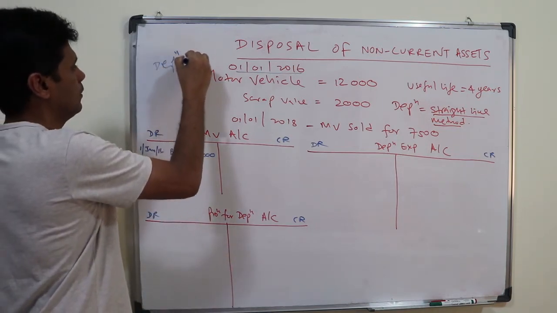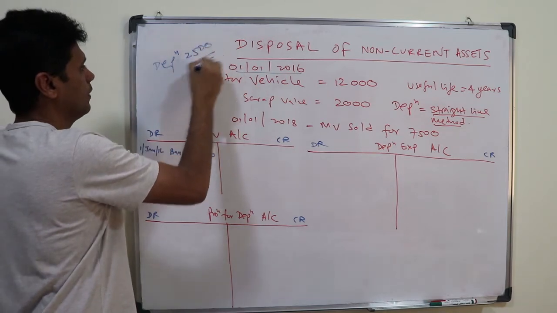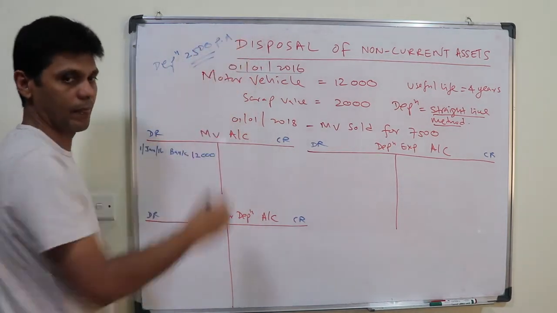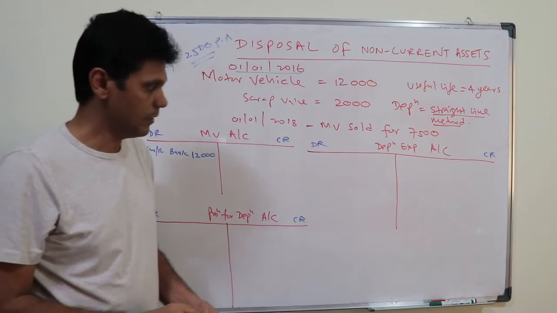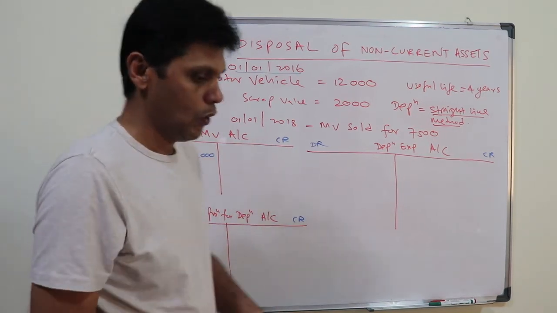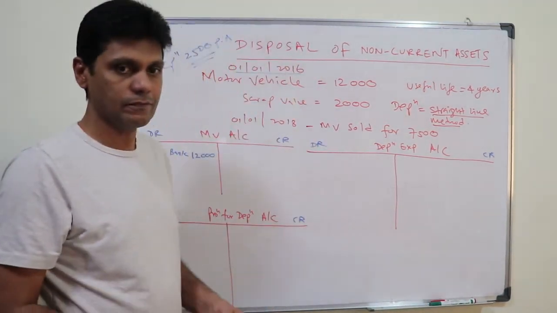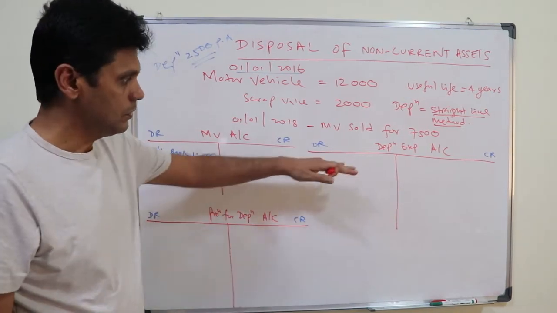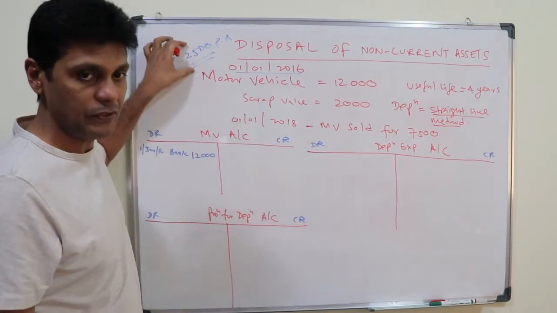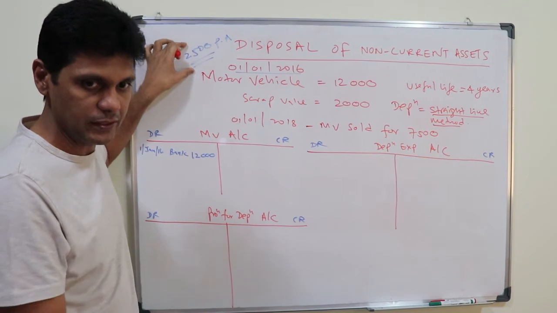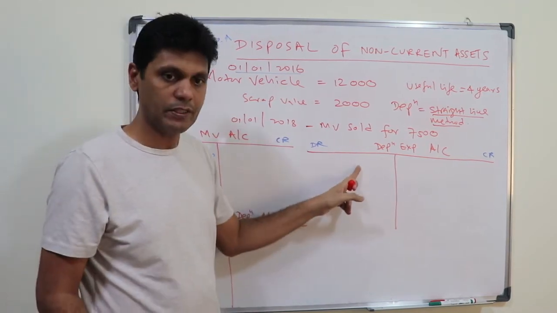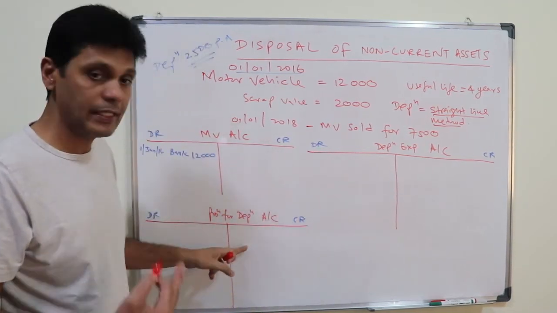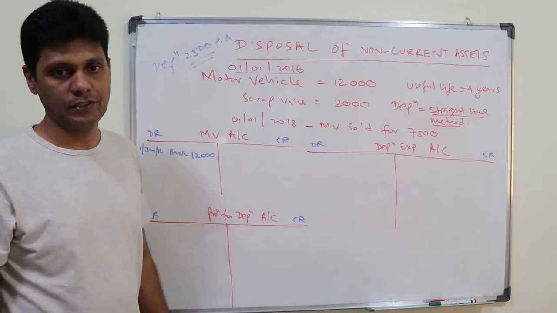We calculated 2,500 per annum. So what is the double entry that we need to record? Since this depreciation is treated as an expense, the expense account has to be debited and you need to credit the provision for depreciation account.